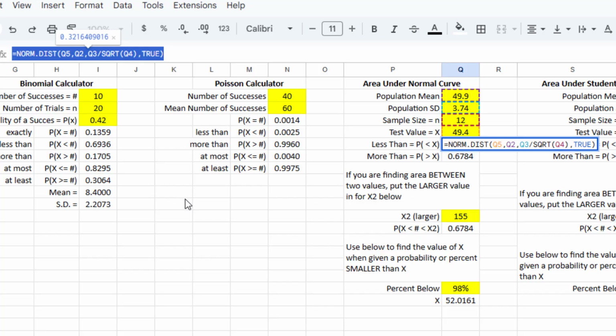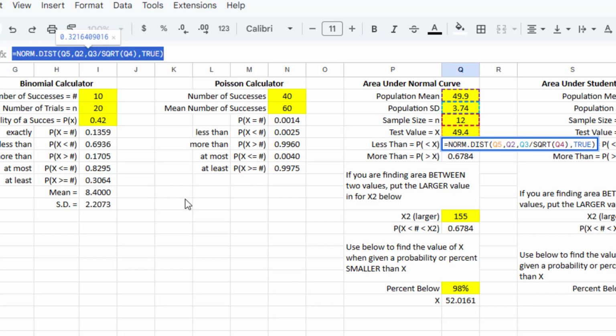The true gives us the probability of being less than or equal to our first value, our x, in this case Q5. A false would give us the probability of being specifically equal to Q5, which we know in theory is really 0. But what this function does, if we put a false in there, is it gives us a close approximation by giving us a little tiny interval around whatever our Q5 value is.